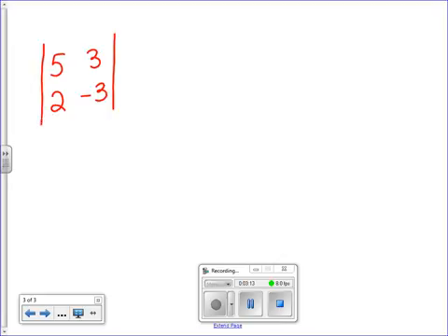Alright, so I have a square matrix. I want to find the determinant. So I'm going to multiply. 5 times negative 3 minus 2 times 6, which is a negative 21. 2 times 3.